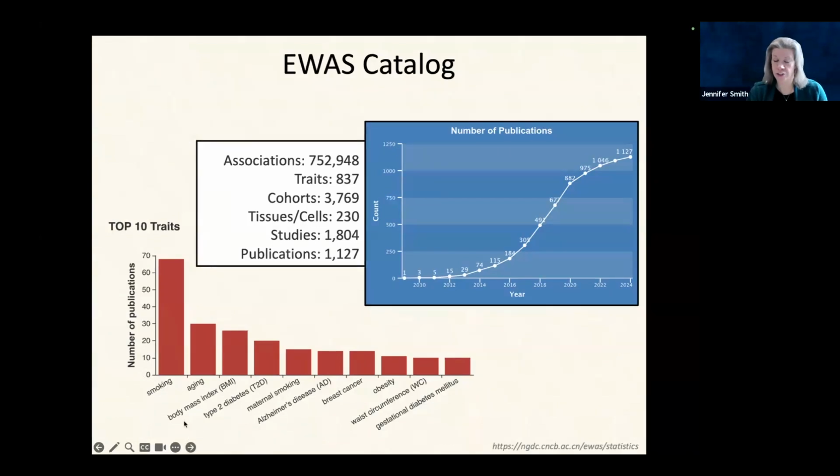Smoking, that's huge, affects your epigenome like crazy. Aging, same. Body mass index and type 2 diabetes, also very big associations with the epigenetics. Then you get things like Alzheimer's disease, which is really interesting because it's in the brain. So it's hard to study in the blood. So a lot of these are postmortem brain. Some of them are blood-based. But then two more measures of obesity, waist circumference, and gestational diabetes.